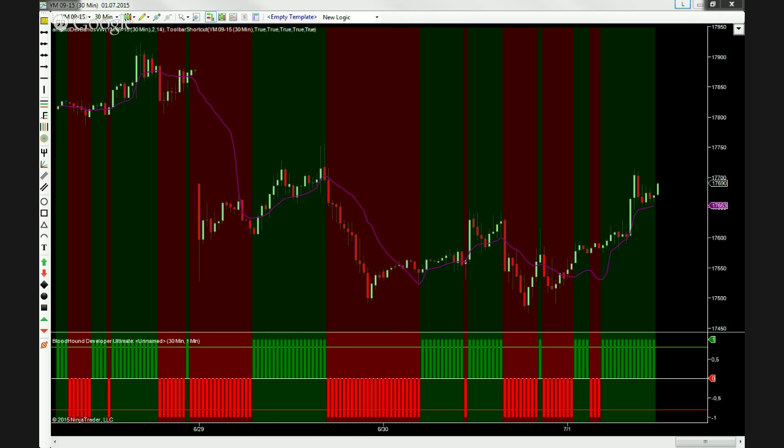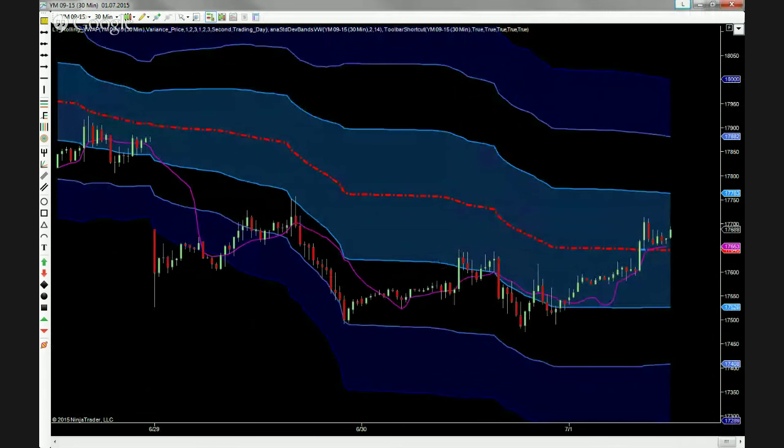We are going to use the rolling VWAP indicator for this. So the rolling VWAP indicator is basically telling us what was the average price over the last 3 days. So this is a daily VWAP indicator multiplied by 3. So it's looking at the volume-weighted average price over the last 3 days.